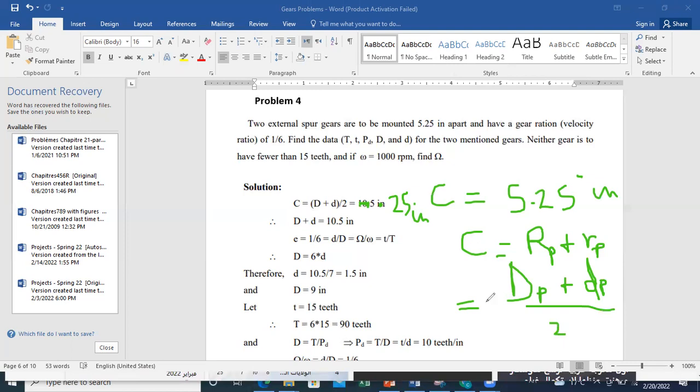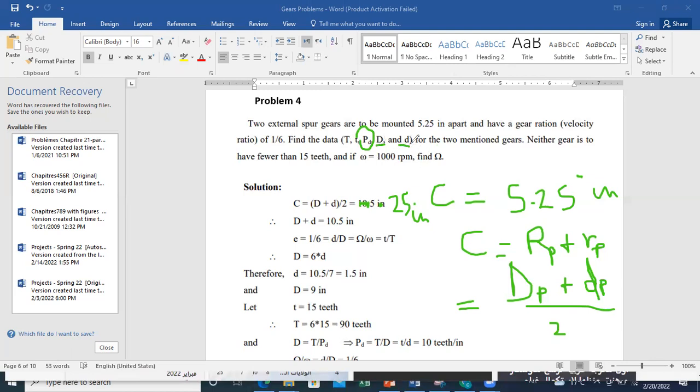Sometimes, to avoid confusion between symbols, when we talk about diametral pitch, we can symbolize it by PD, and when we talk about the diameter of the pitch circles, we take big D and small d. You can use whatever you want, just indicate what you mean by each variable.